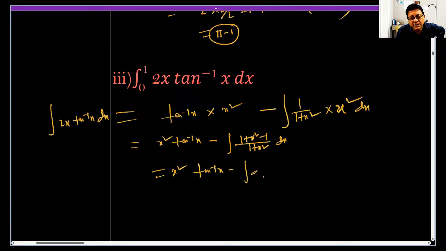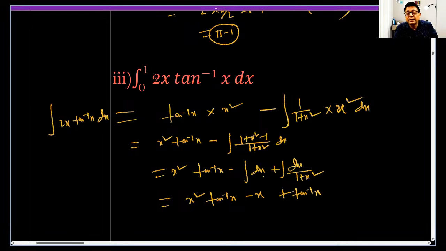Minus this by this, plus dx by 1 plus x square, minus x, and this one tan inverse x.